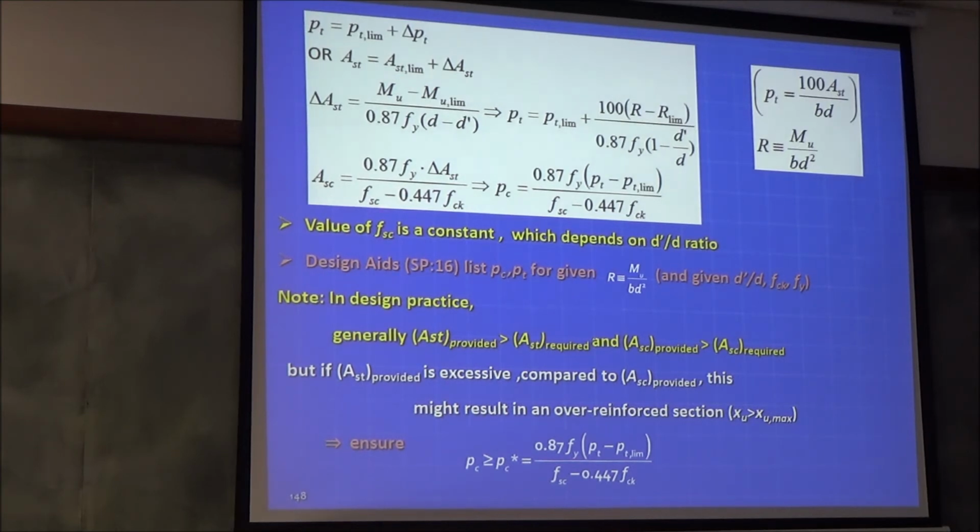And for the area of compression steel, you just have to equate the force in compression needed to balance the force in tension. And this FSC is not necessarily 0.87 Fy. It depends on D dash by D. So if you want to do it accurately, you have to figure out what that is. Please go through the theory behind it, and you have to ensure that it is under reinforced.